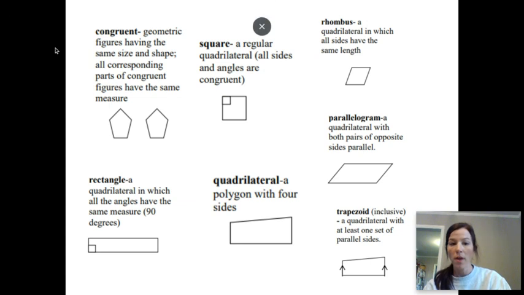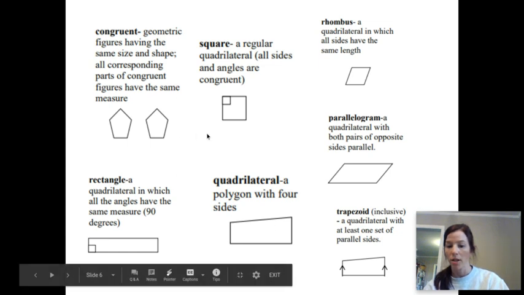Now, a word that you'll see used as you go is congruent. Okay, geometric figures having the same size and shape. All corresponding parts of congruent figures have the same measures. So congruent means the same. So if I say that 2 lines are congruent, that means they are the same. Okay, now these are the vocabulary words that we're going to talk about over and over again.